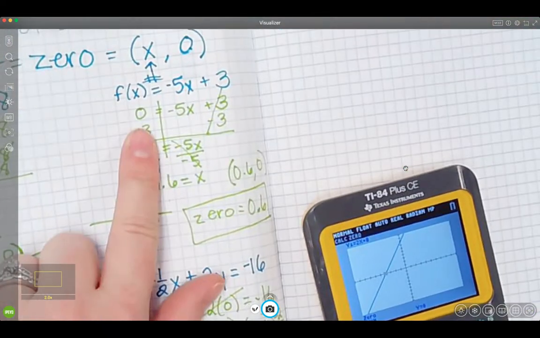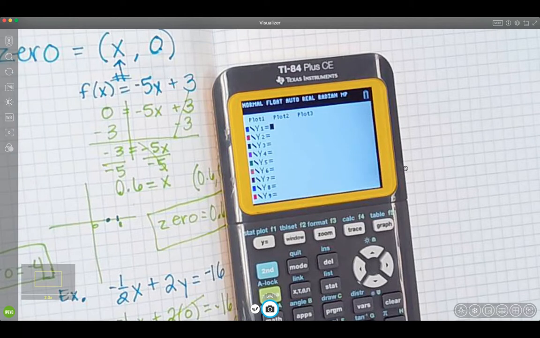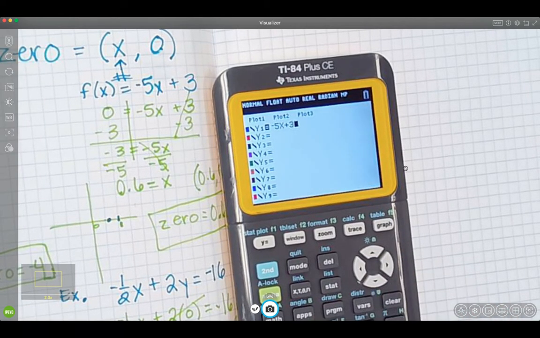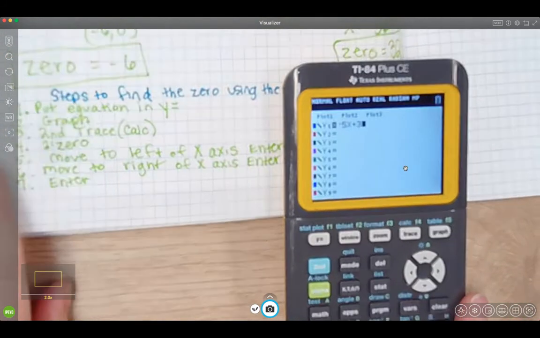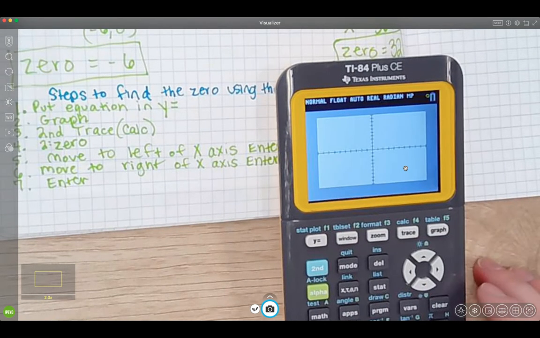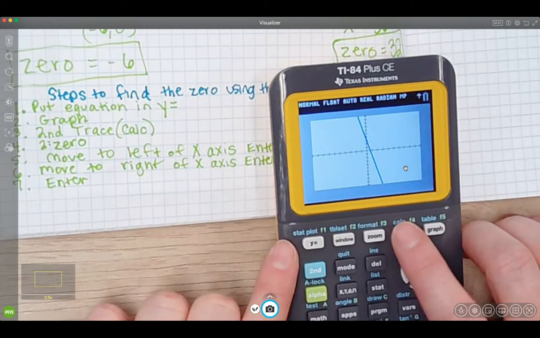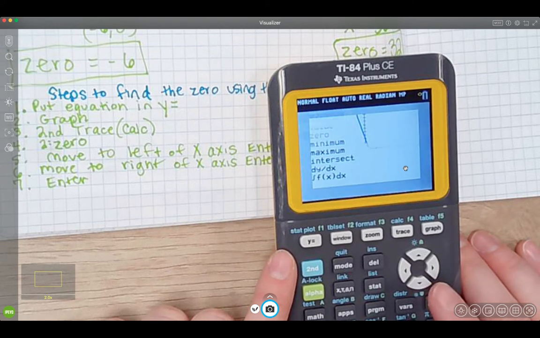Okay, so let's go to the next one. We're going to follow the same steps. So go to y equals. Put in the equation, -5x plus 3. And then follow these steps. Graph. Second trace, which is calculate. We're going to find the 0.